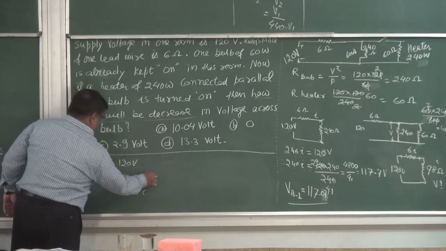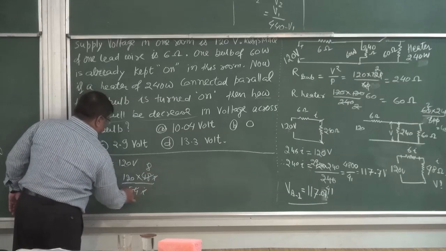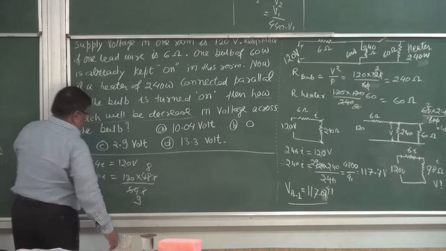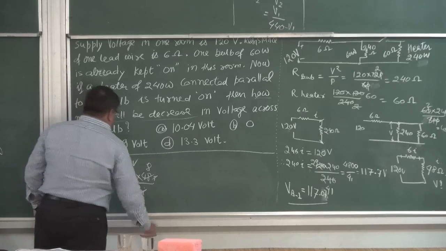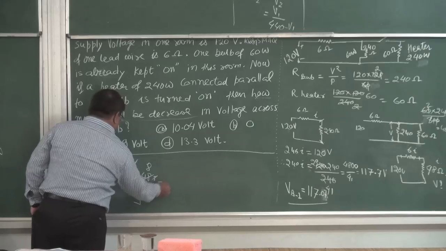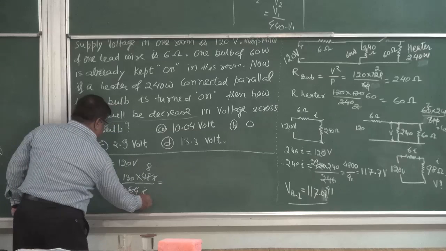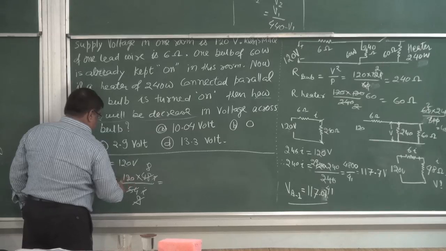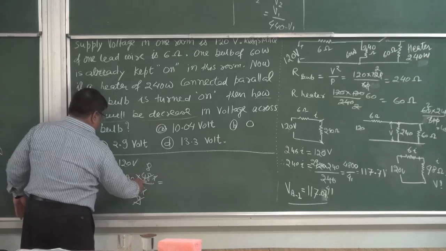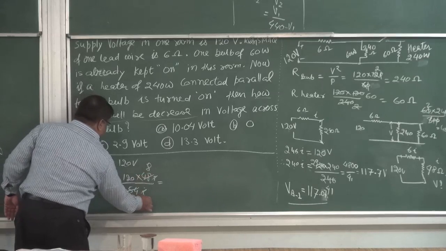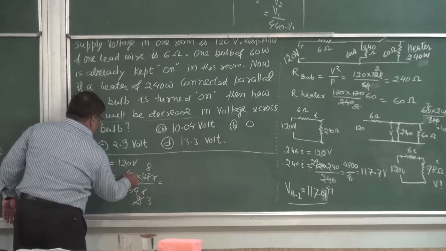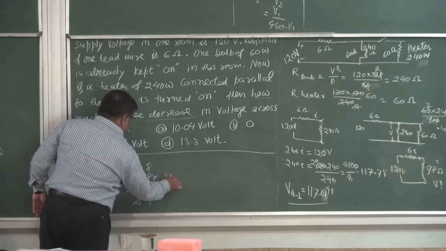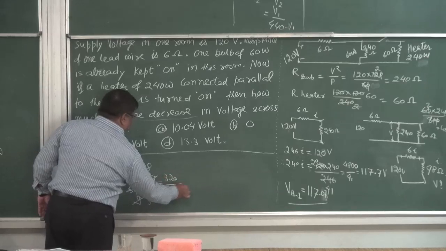Okay, 6 8s are 48, 6 9s are 54. This is again 3, 3 3s are 9, 40. 320 upon 3.